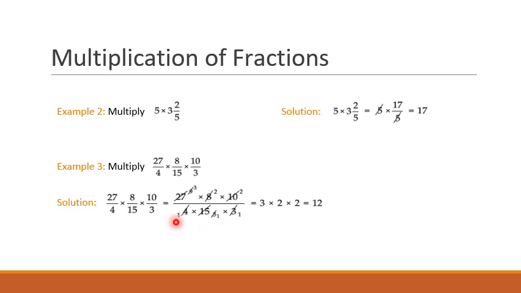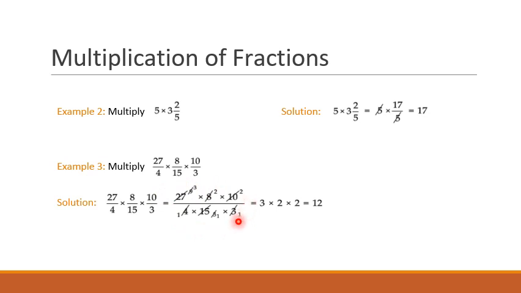So you can see in the denominator I am left with 1 and in the numerator I have 3, 2 and 2. So the answer is 3 multiplied by 2 multiplied by 2, that is equal to 12. In this way you can simplify the answer here itself by cancellation while multiplying the fractions.